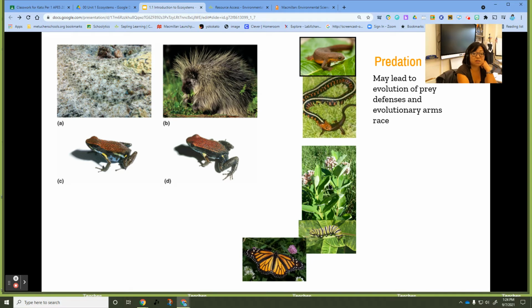Same thing with these monarchs. The milkweeds have a milky sap that most herbivores will avoid. But these guys have adapted to feed on that and in fact make use of that toxin, and therefore they pretty much have a monopoly on this food source, although there are a few other insects that will feed on milkweeds.